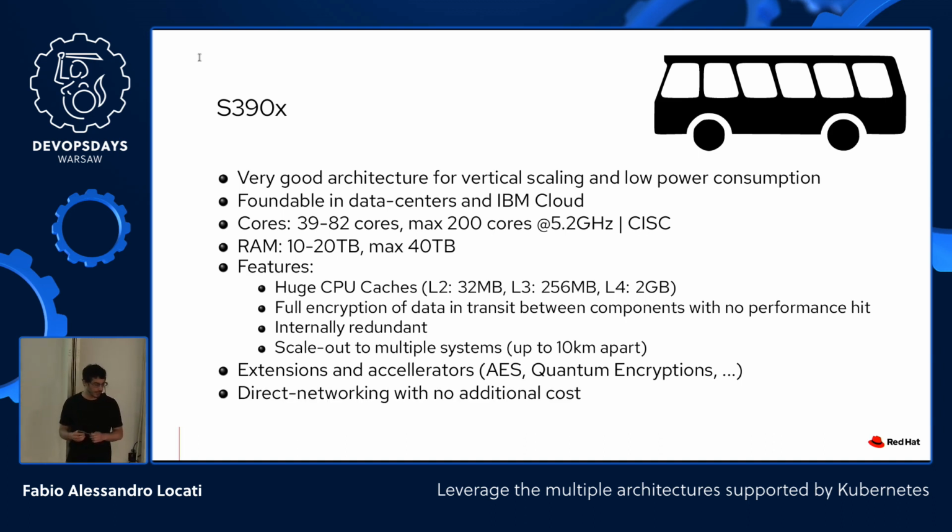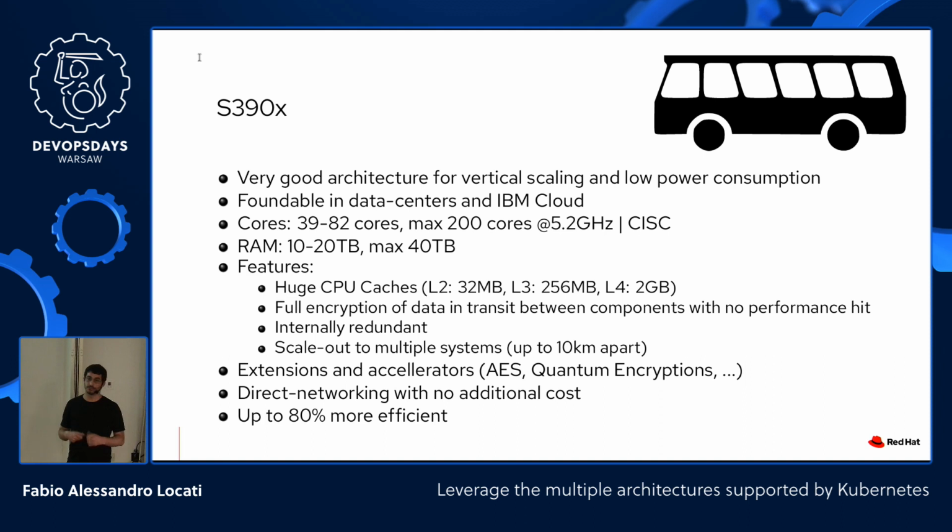An interesting fact is that they do have direct networking within mainframes with no additional cost. So effectively, if you have multiple VMs in the mainframe, they can communicate as if they were different processes on the same system. So they don't have to go through the whole TCP/IP stack up and down, but they simply communicate directly.